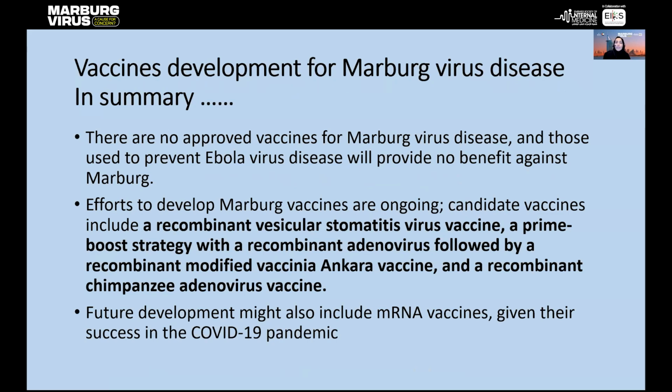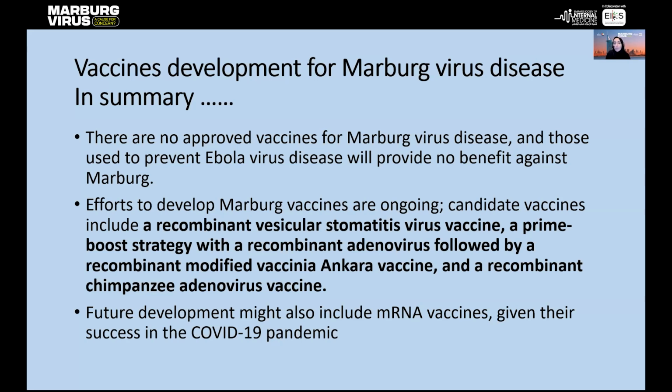Unfortunately, as I said earlier, there is no vaccine, and we have to follow strict public health measures. There are different candidates, as I explained: the recombinant vesicular stomatitis virus vaccine, the recombinant adenovirus followed by the modified vaccinia Ankara vaccine, and the recombinant chimpanzee adenovirus vaccine.